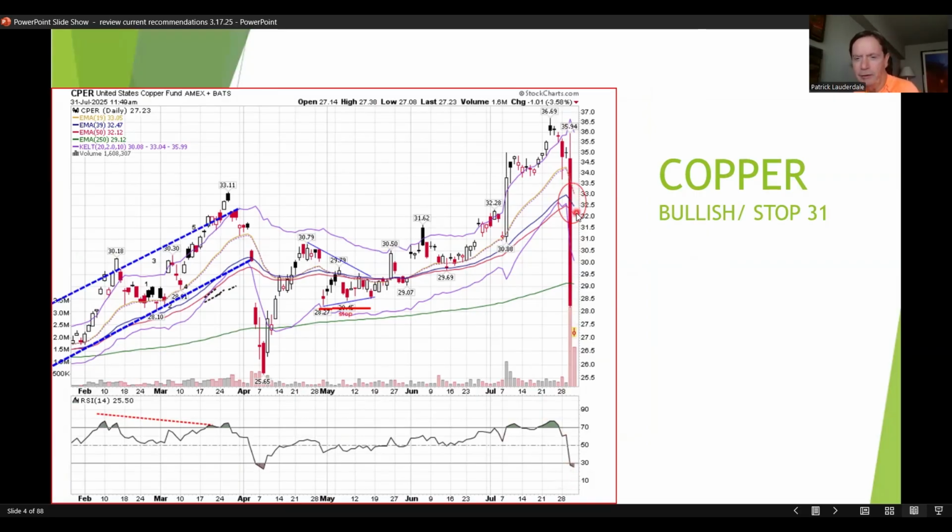And you can see all these moving averages are coming together in a bearish rainbow convergence. So the dollar on a weekly chart, a longer term chart, has a bullish rainbow convergence. Copper's coming into a bearish rainbow convergence. So I'm expecting prices to drift lower the next maybe today and tomorrow.